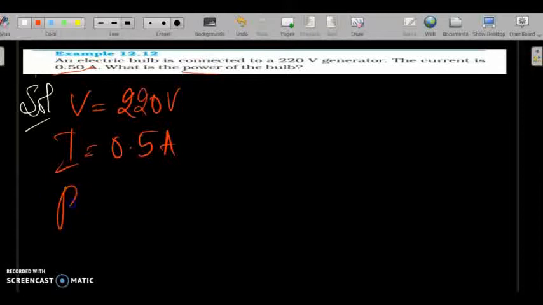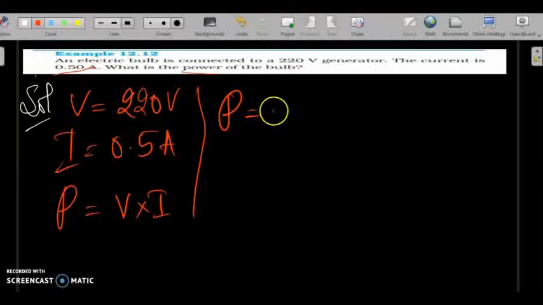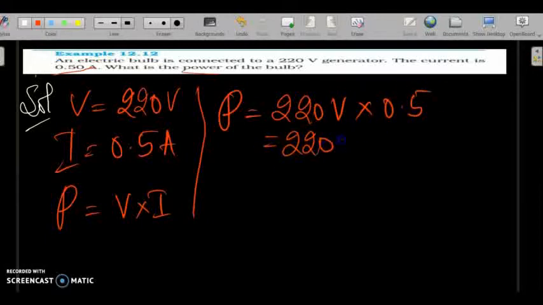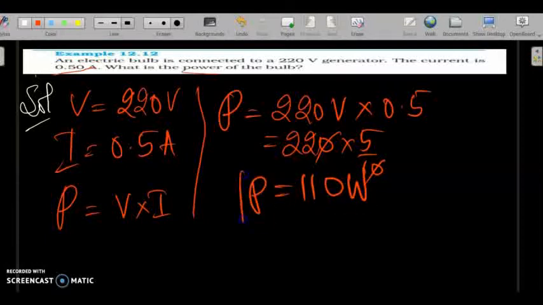You know well that power is V into I. What is V? That's 220 volts, into what is I? 0.5. That becomes 220 into 5 by 10, that becomes 110 watt, capital W. So that is the power.